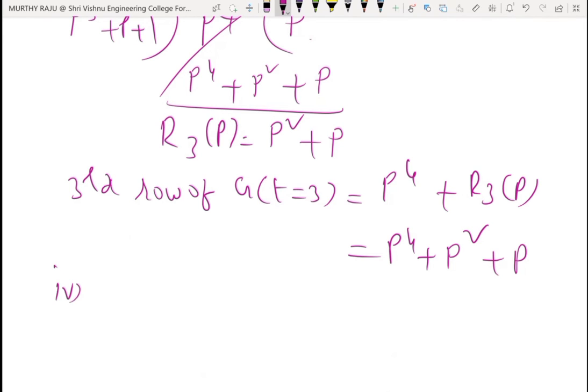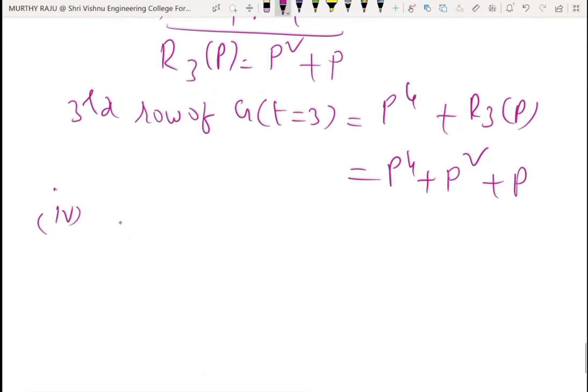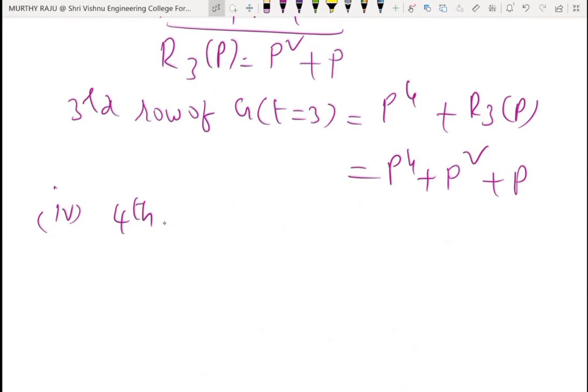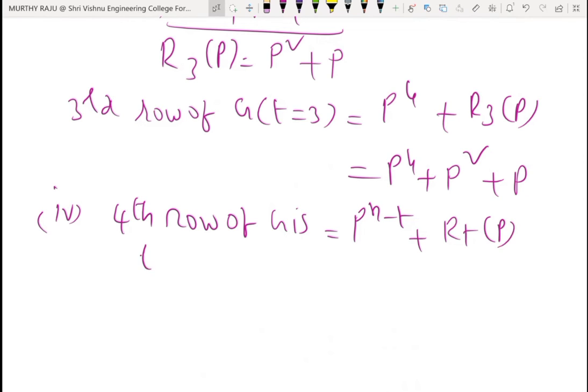Next, fourth row. The formula for the fourth row of G is p power n minus t plus RT of p. Here t is equal to 4.